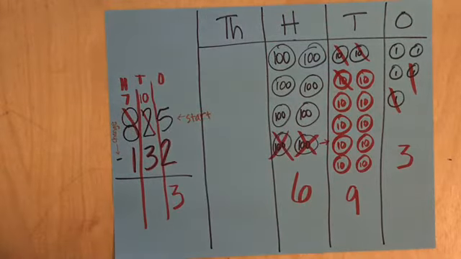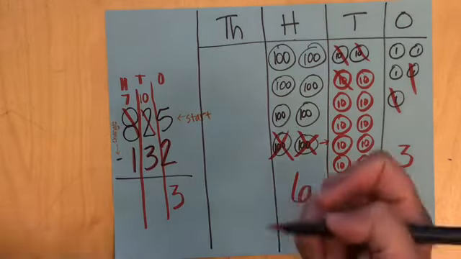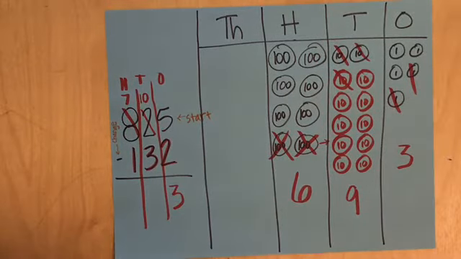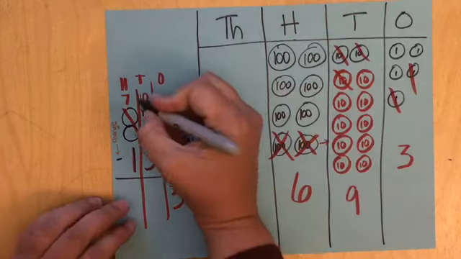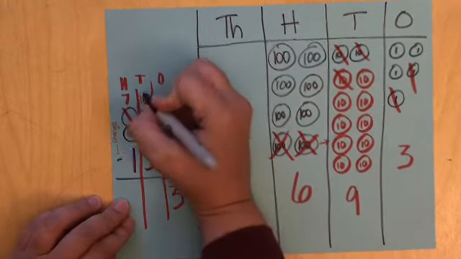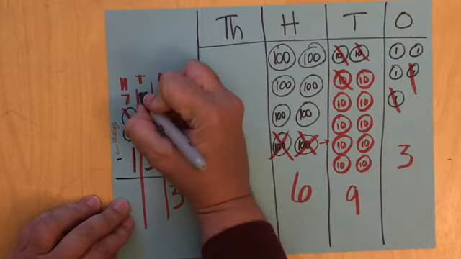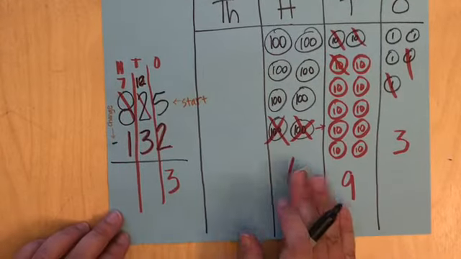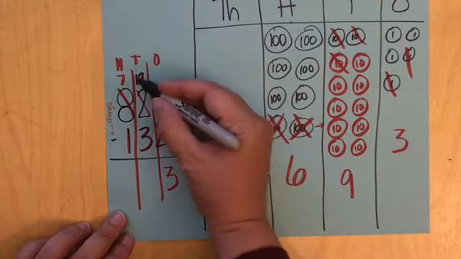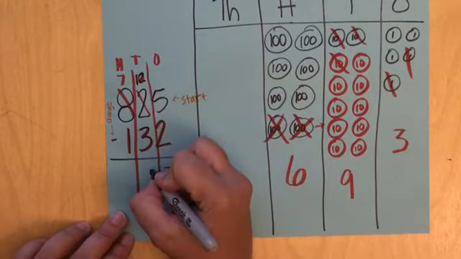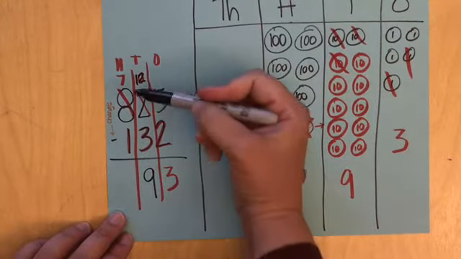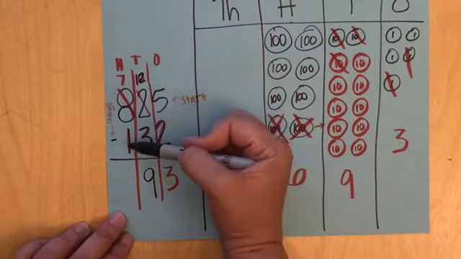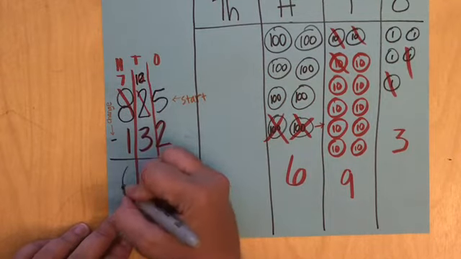Oh, Miss Pfeiffer, you made a mistake. It's okay, no worries. I'm going to fix it. So I had 10 tens that I brought over, and then I'm going to add that 2 tens to it. So I have 12. And then I'm going to do 12, take away 3, which is 9. And then 7 hundreds, take away 1 hundred is 6 hundreds.